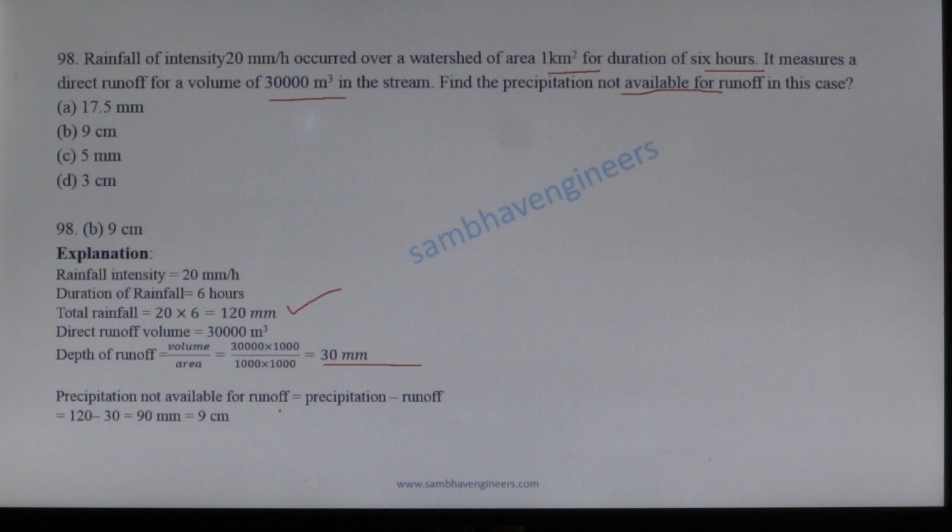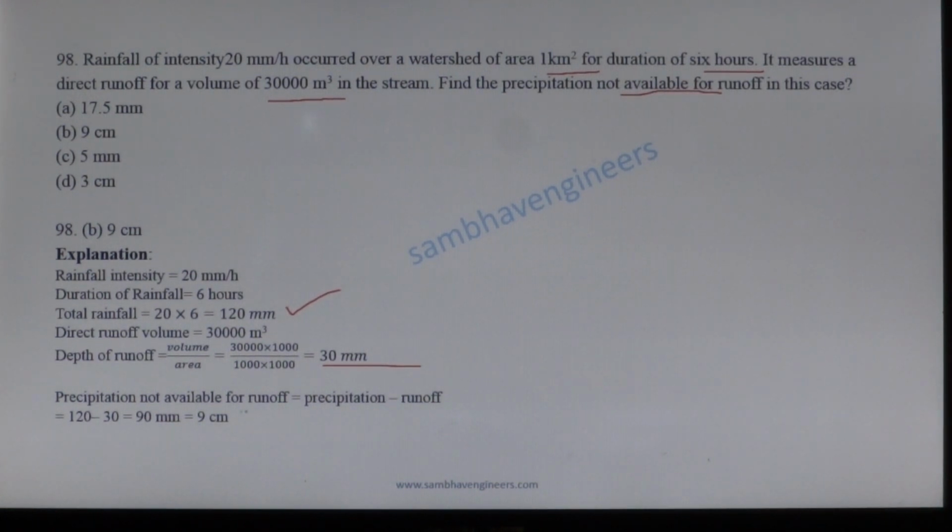Precipitation not available for runoff is equal to total precipitation minus runoff. 120 mm minus 30 mm is equal to 90 mm, which is 9 centimeter, the correct answer.